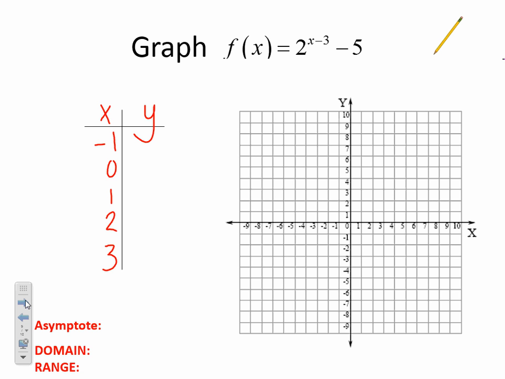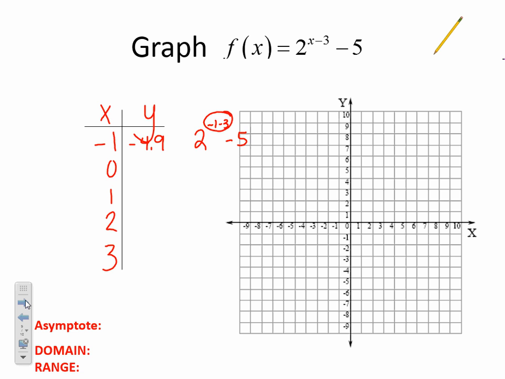We're going to take a look at what those x values would give us for y values. If I plug in negative 1, it's 2 to the negative 1 minus 3, minus 5. This is 2 to the negative 4 power, and then subtract 5 from that. If you calculate that in your calculator, you should end up with negative 4.9.